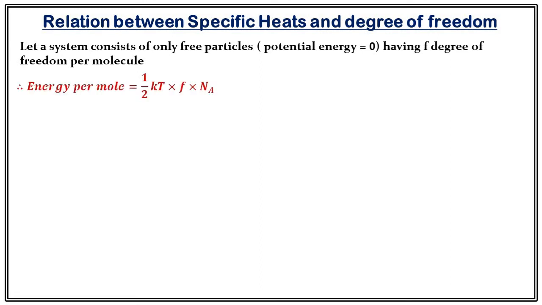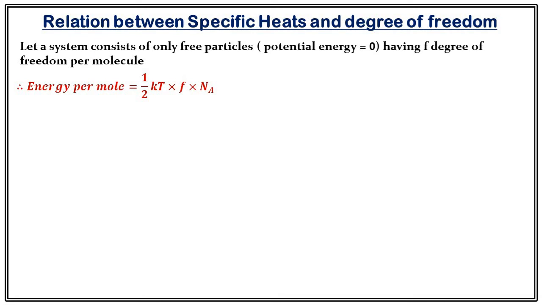In such a scenario, what will be the energy per mole? We know for 1 degree of freedom, energy is half kT. Here we are dealing with a free particle system, therefore kinetic energy is equal to total energy. Therefore, the energy per mole will be half kT for one molecule multiplied by F, because F is the degree of freedom for that molecule, into Na.